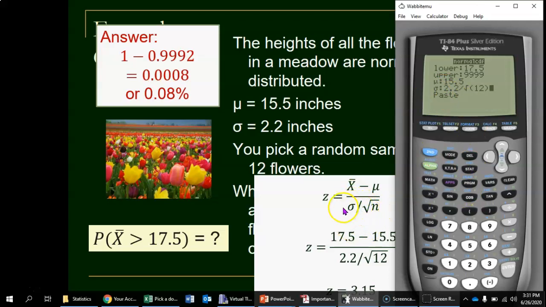So instead of just the 2.2 for sigma, we're putting in 2.2 divided by the square root of 12. Now we paste that in, hit enter, and notice it gave us the answer in scientific notation. That's what the E minus 4 is. So if I shift the decimal point 4 places to the left, it does look like 0.0008.